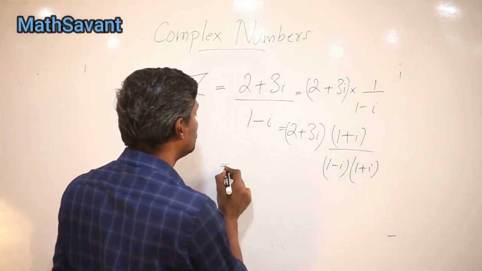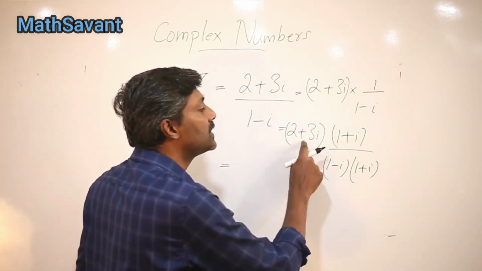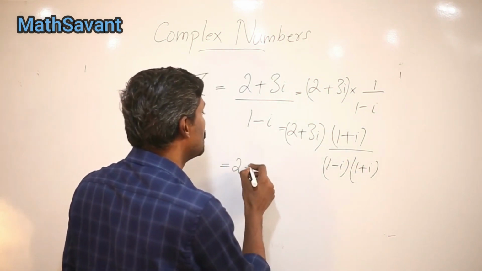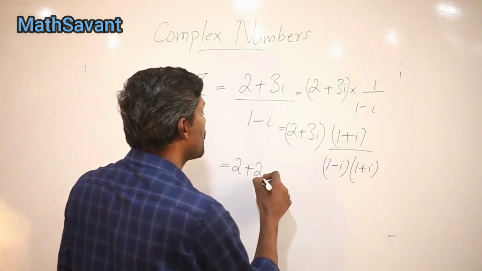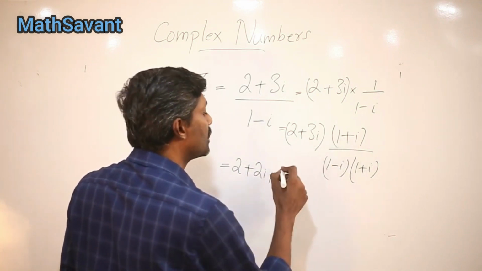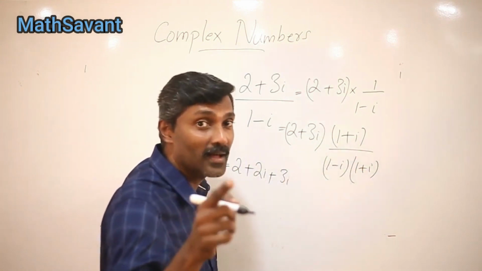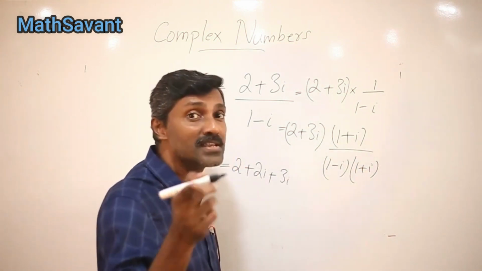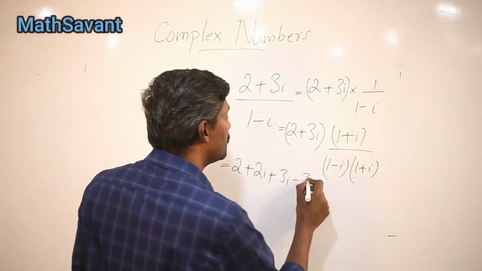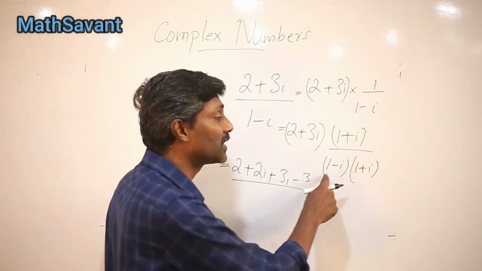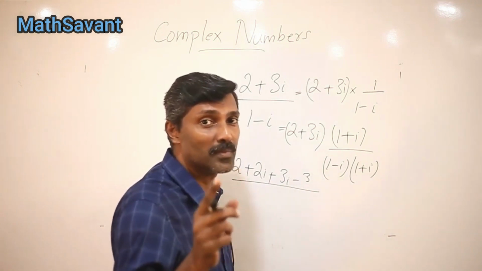And what do we get? Multiply the numerators. 2 into 1 is 2, 2 into i is 2i, 3i into 1 is 3i, 3i into i is 3i square, and i square is minus 1. So 3i square means minus 3, okay? That divided by, now what is 1 minus i into 1 plus i? This is nothing but a minus b into a plus b, which is a square minus b square.